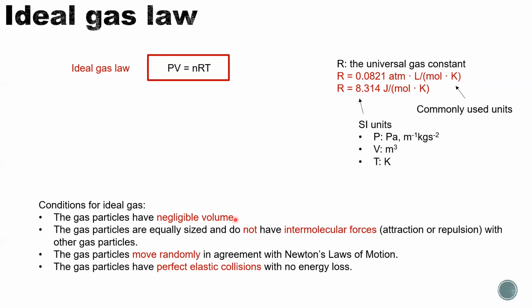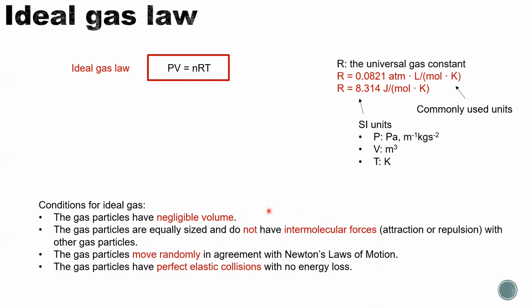It does not have volume. And the gas particles are equal sized and do not have intermolecular forces with other gases. They move randomly in agreement with Newton's laws of motion. And when two gases collide with each other, they have perfectly elastic collisions with no energy loss.